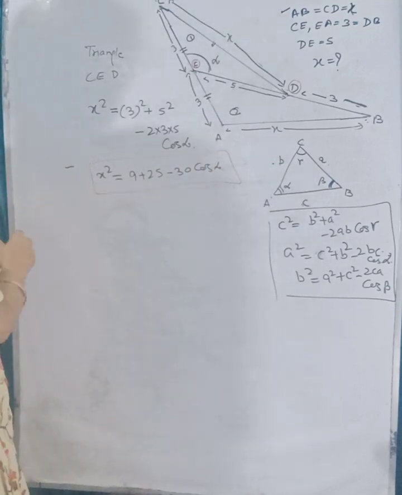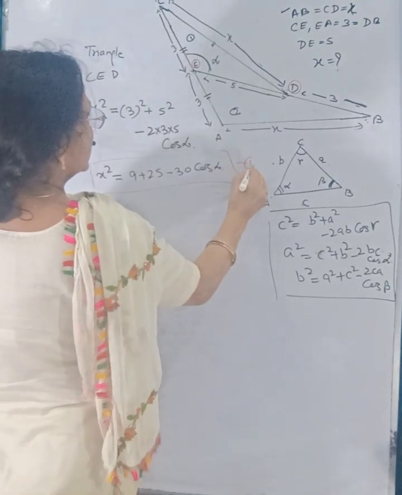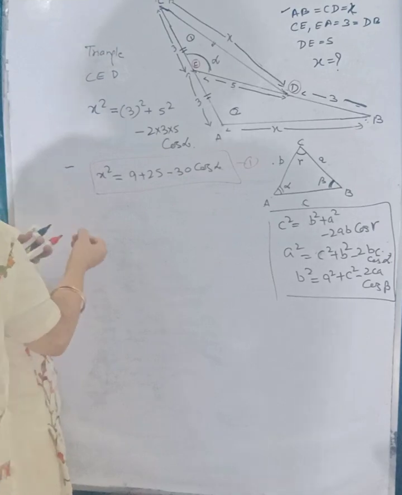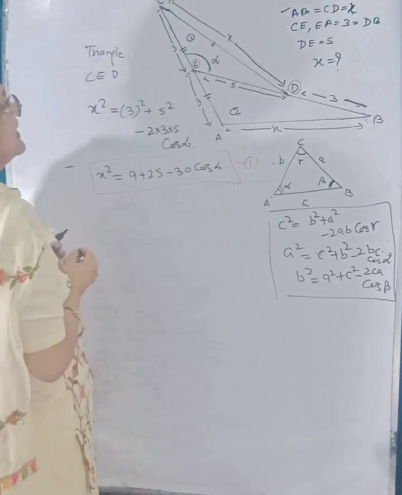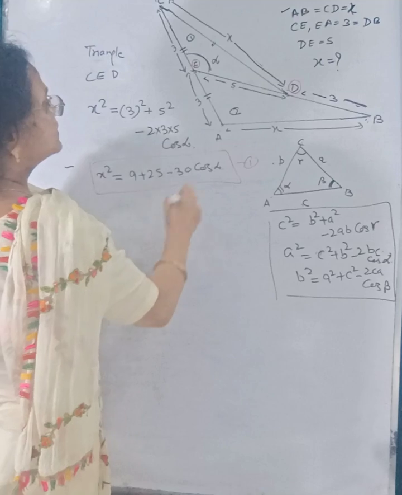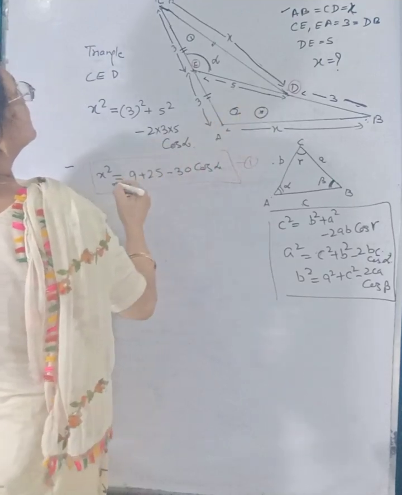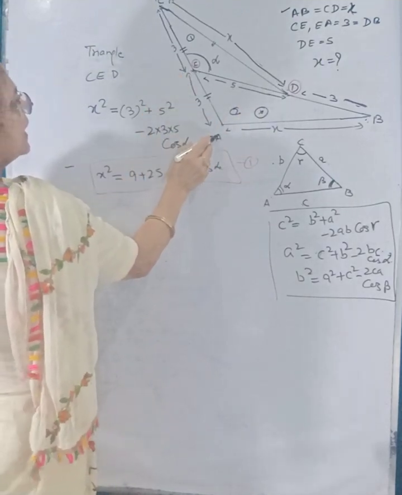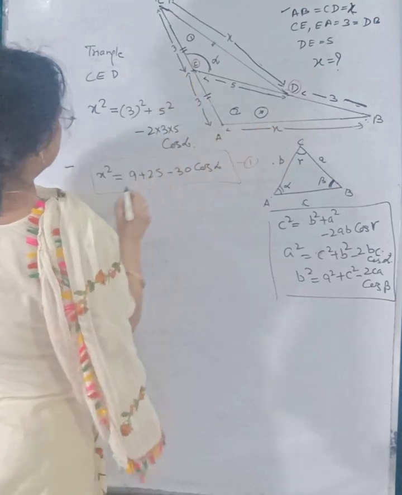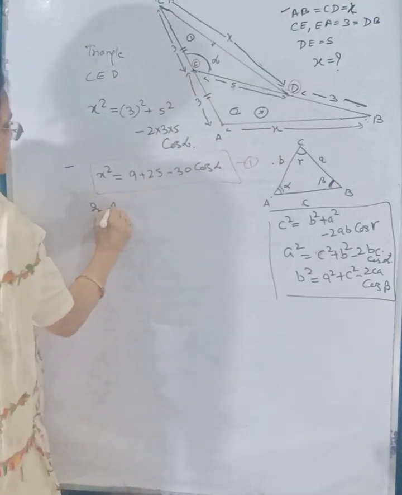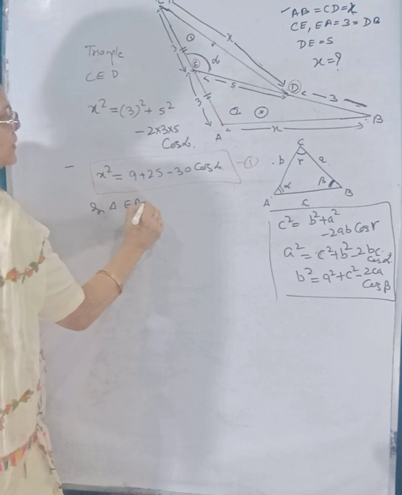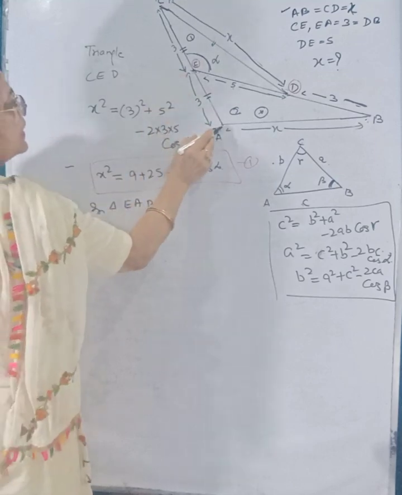This is equation number 1 for x square. Another value of x square can be obtained by taking another triangle, that is this one, triangle EAB.